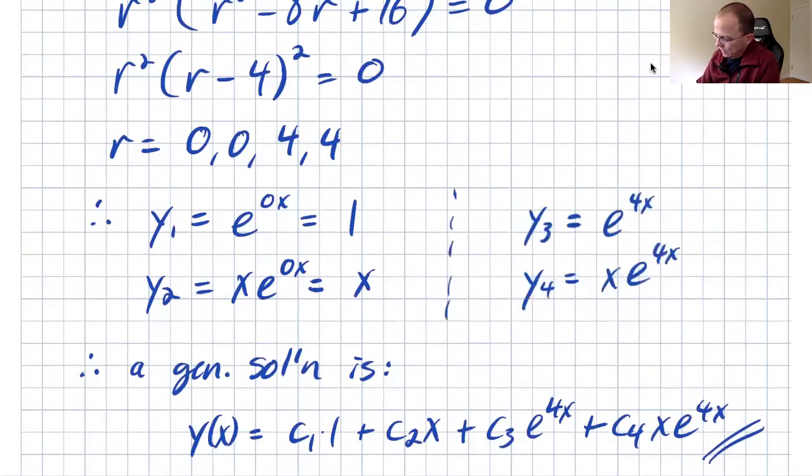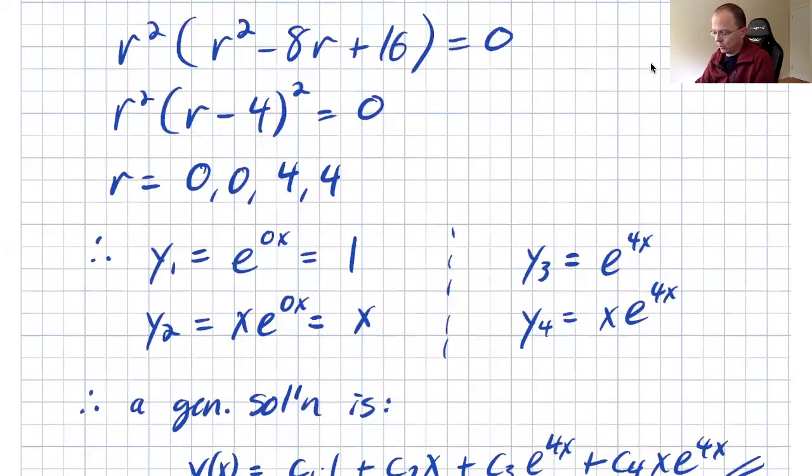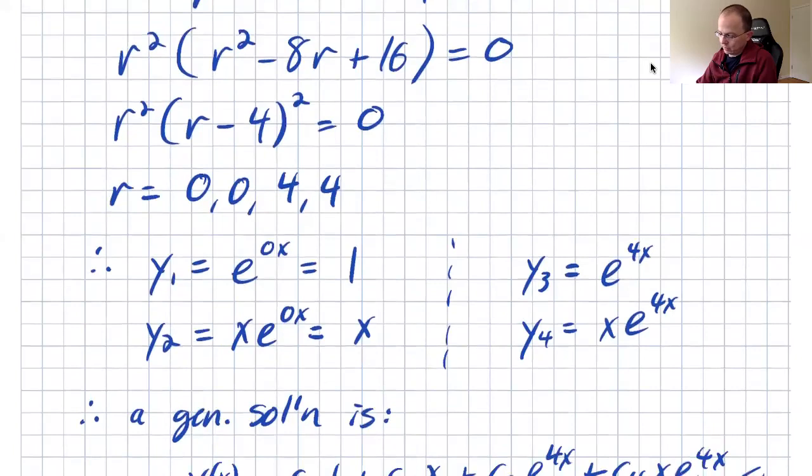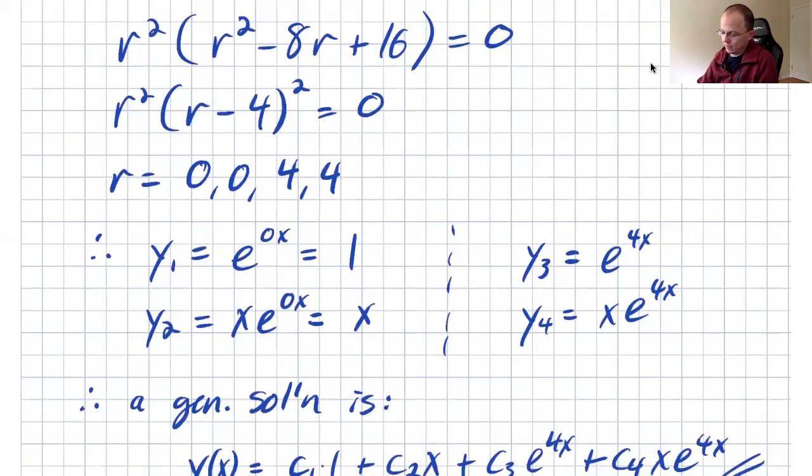So that's how we deal with repeated roots. Each root will give us a solution of the form e to the rx, and if it's repeated, then we just multiply by x the number of times that the root is repeated.